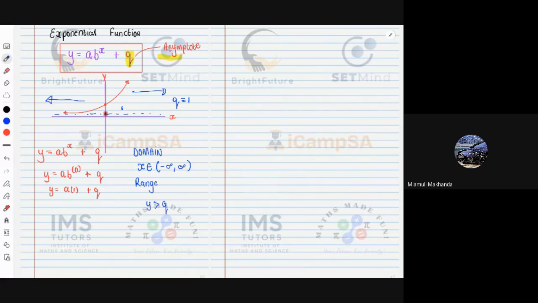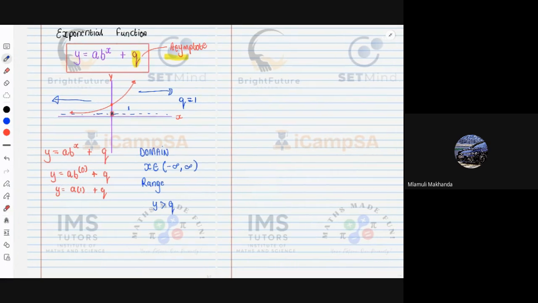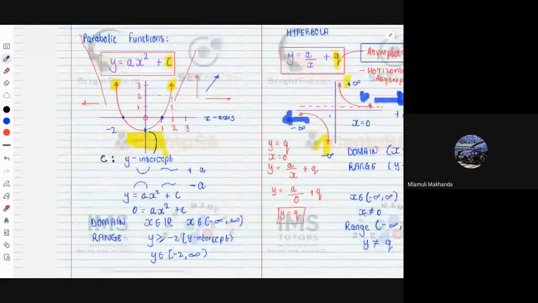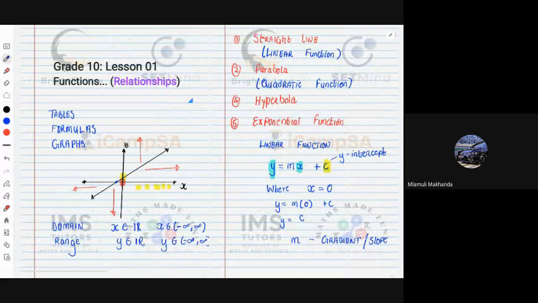So hence I'm not saying y is greater than or equal to q. Okay, I think we can do questions now. I've covered the basics. Let's see if, with the information that we have here, we are able to answer some questions.